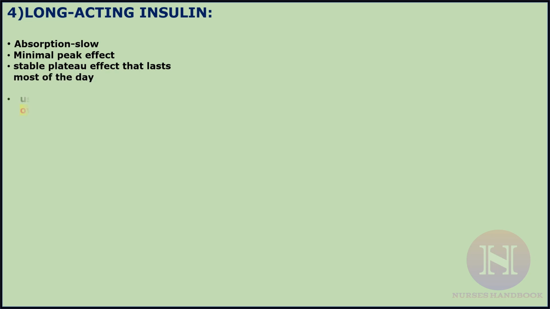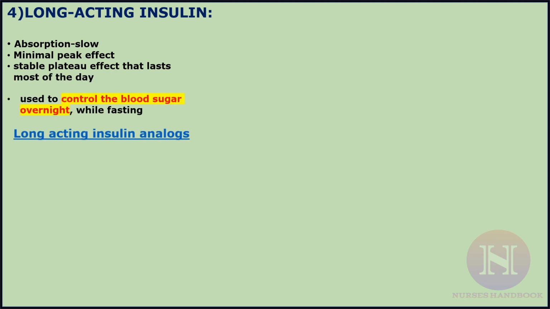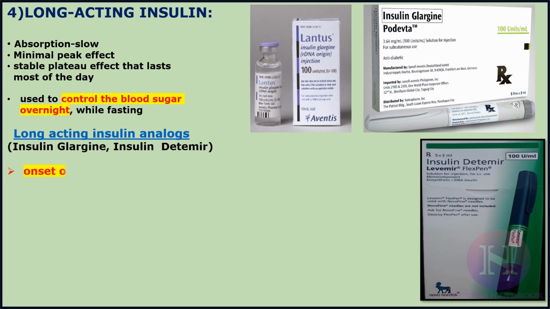The last type of insulin is the long-acting insulins. They are absorbed very slowly and have a very minimal peak effect, used to control blood sugar values overnight while fasting. Examples of long-acting insulin analogues are insulin glargine and insulin detemir.